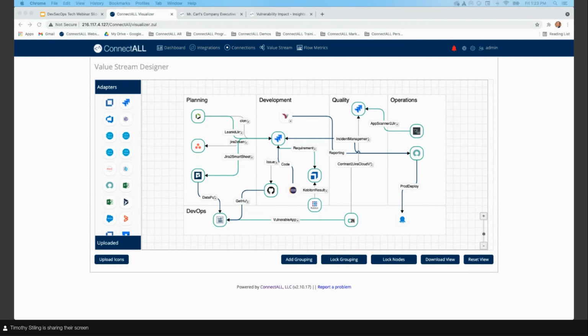And we want to bring that data back into the development cycle and understand maybe there's a particular module within our development application that has the security concerns, or maybe there's just a change in the process where we need to retrain some developers and address those concerns. So that's how ConnectALL can help us understand what those metrics are, give us visibility into the data, and be able to use that to change our processes.